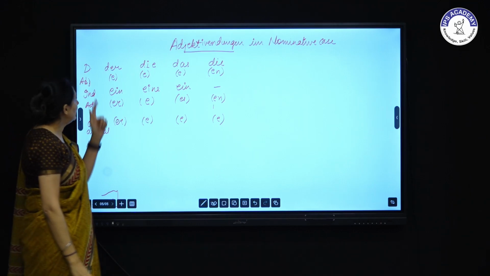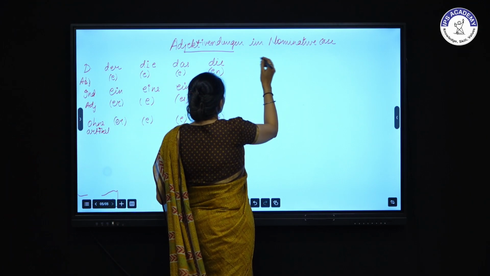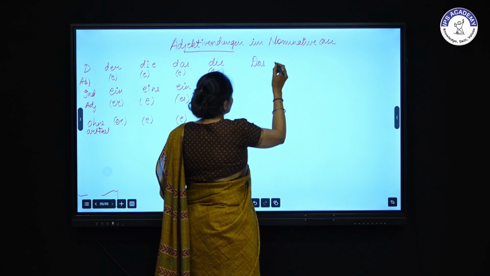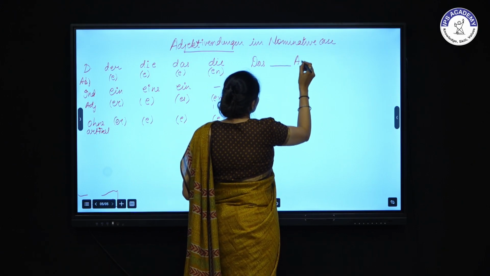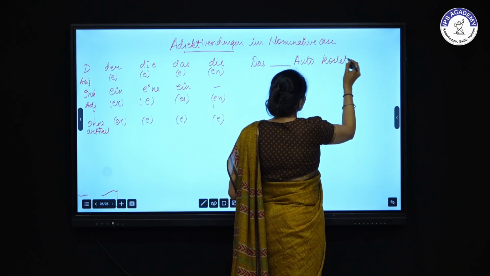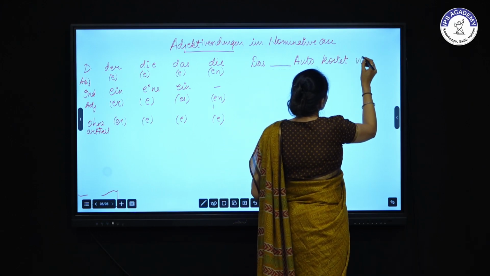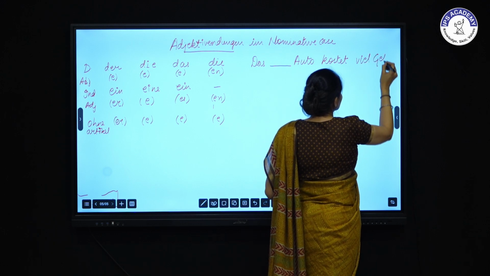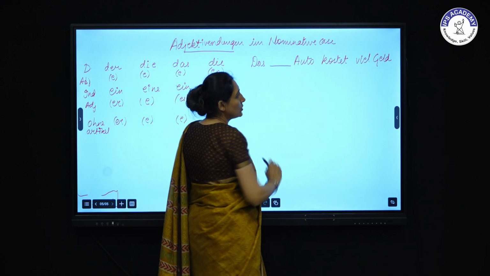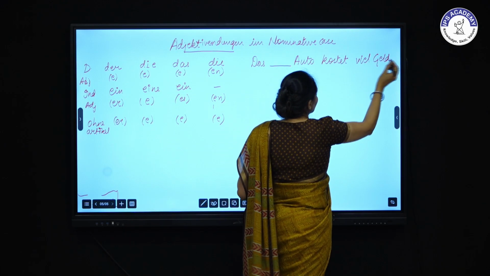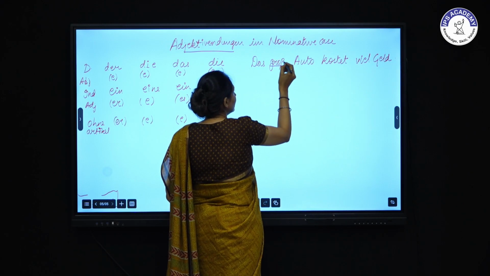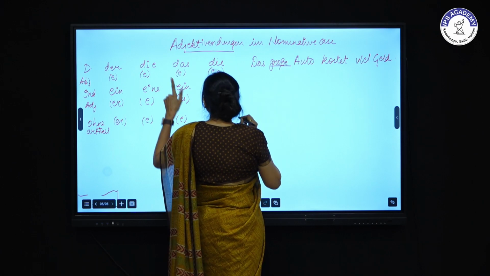Like for example, let's take up this one. If we say das Auto, if we have to say the big car costs more money, so if I have to say this, then I'm going to say this as groß. Groß is my big, but I'm going to add an e with it.